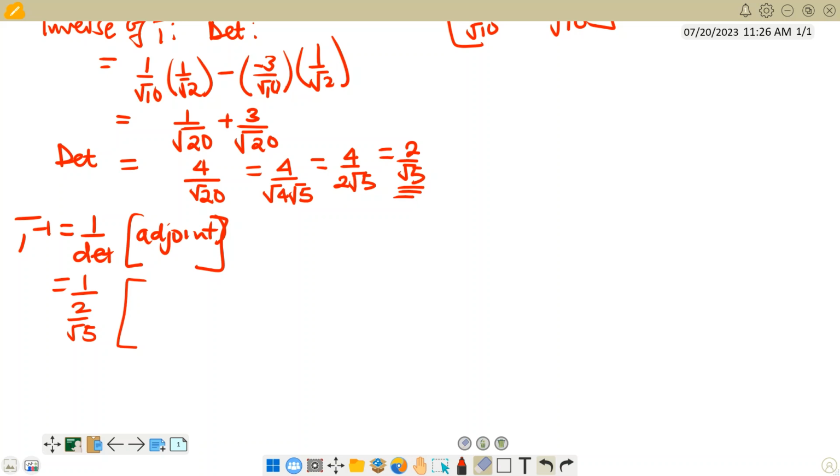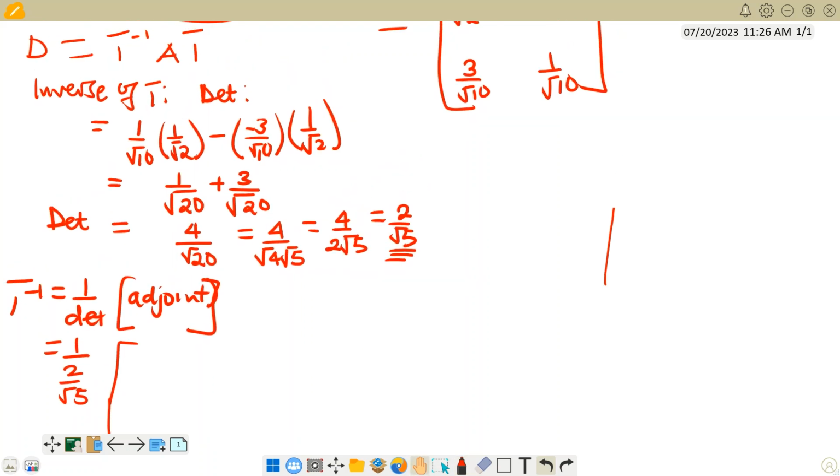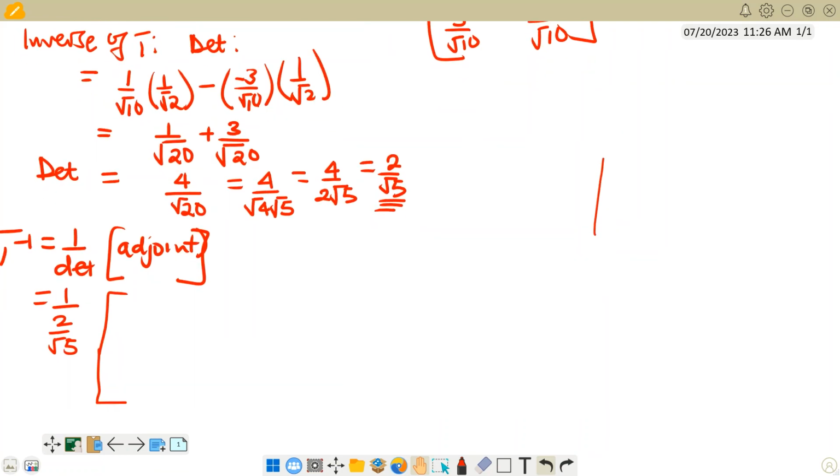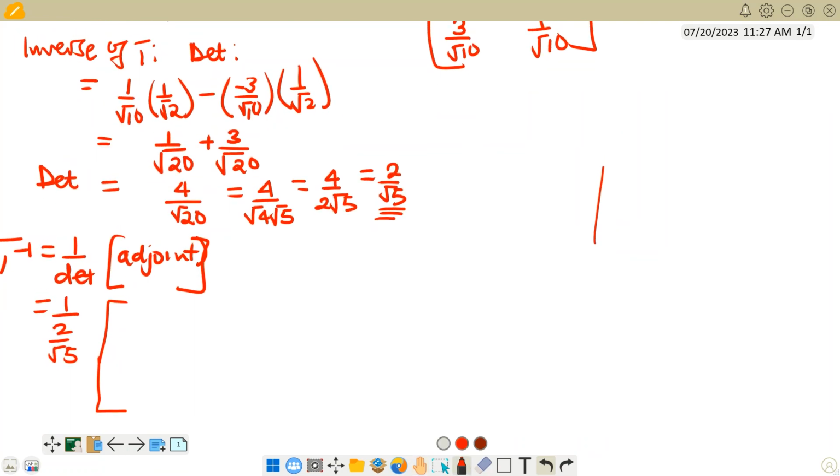So here we have 1 over square root of 2, here minus 1 over square root of 2, then here we're going to have positive 3 over root of 10.